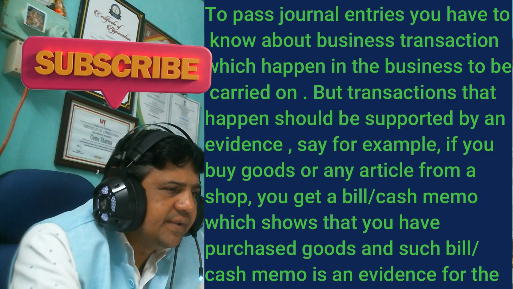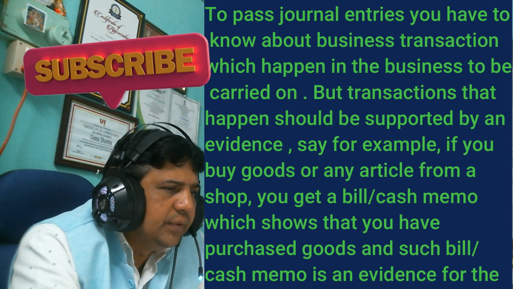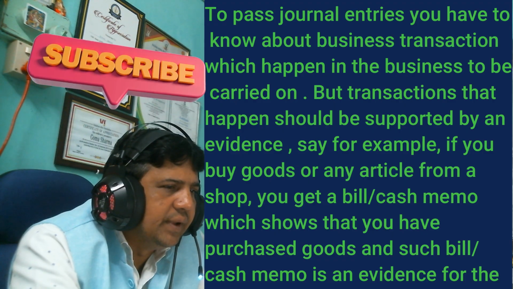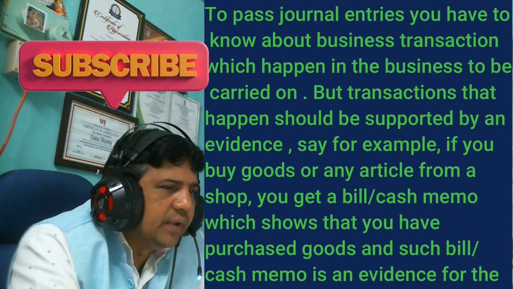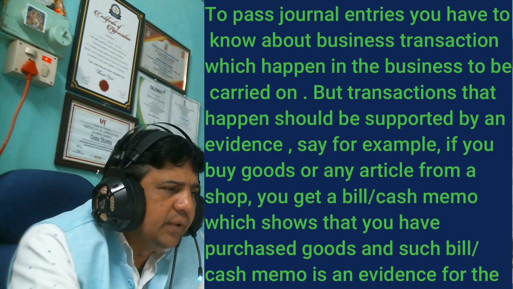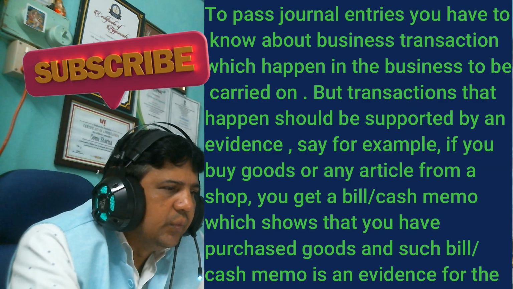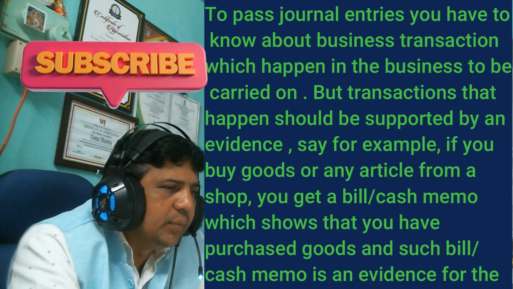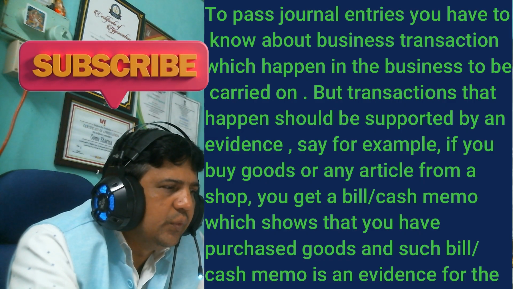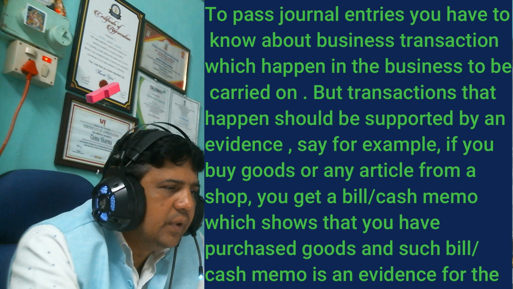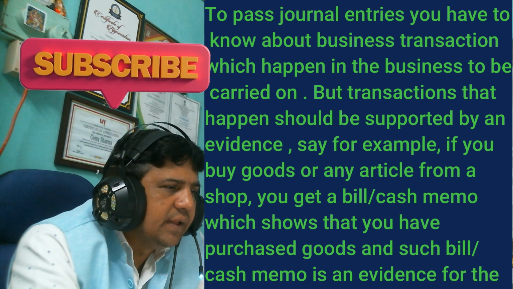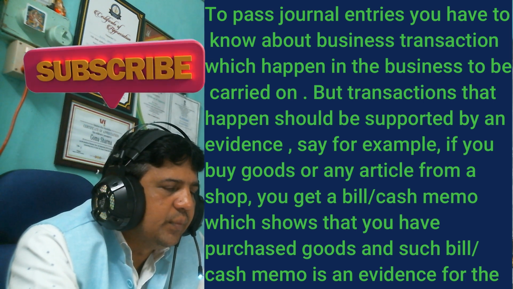But the transactions that happen should be supported by evidence. Say, for example, if you buy goods or any article from a shop, you get a bill or cash memo which shows that you have purchased goods, and such a bill or cash memo is evidence for the transaction.